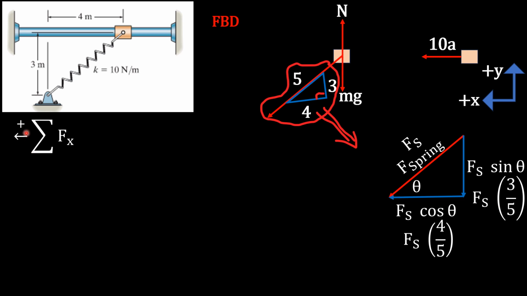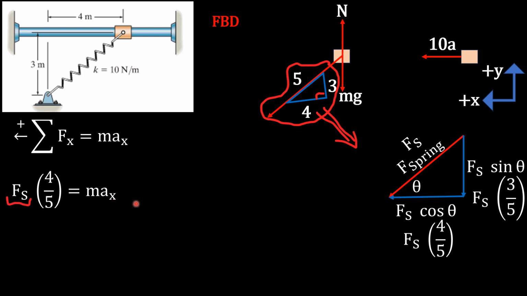All right, so the sum of the forces in the x direction, going left is positive, equals mass times acceleration. The only force that we have in the horizontal is the horizontal component of the spring force, which is force of the spring times 4 over 5 equals mass times acceleration.